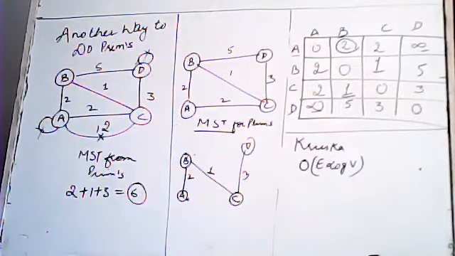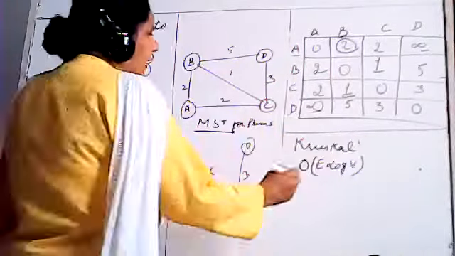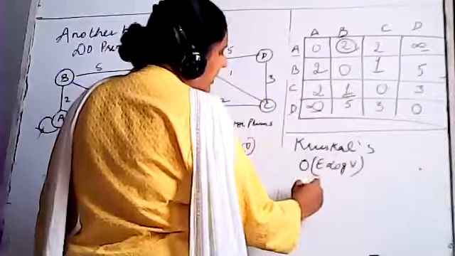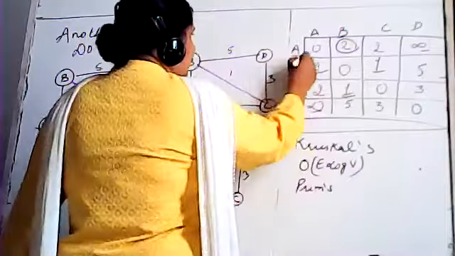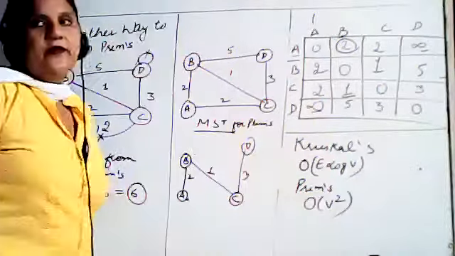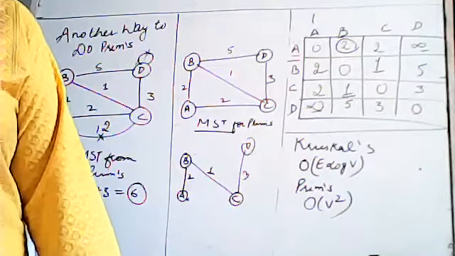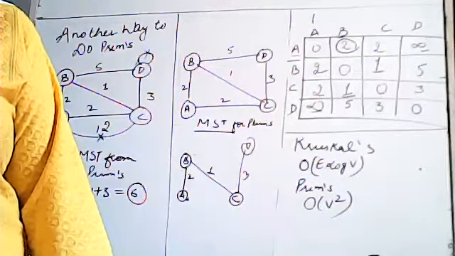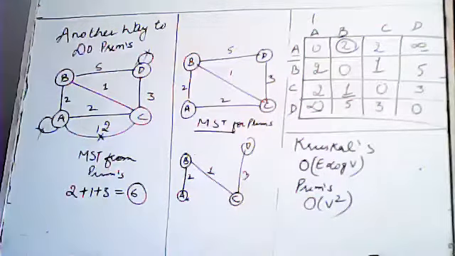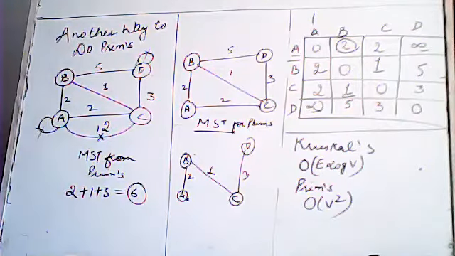So, Kruskal's algorithm complexity will be big O of E log V, and Prim's would be, since we are taking this vertex and this vertex, O of V square. O of V square, that would be Prim's algorithm's complexity. Since we are taking two vertices at a time and then drawing the edges, so we are doing edges later on and vertices before, so it will be O of V square. Fine. So let's do the next topic.